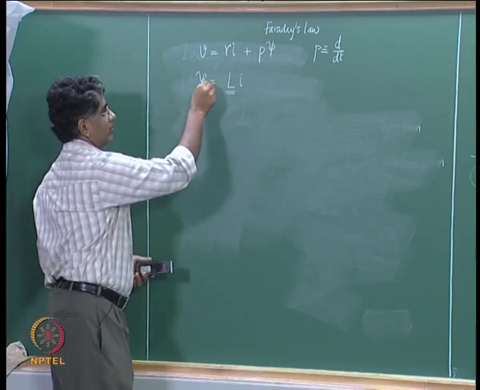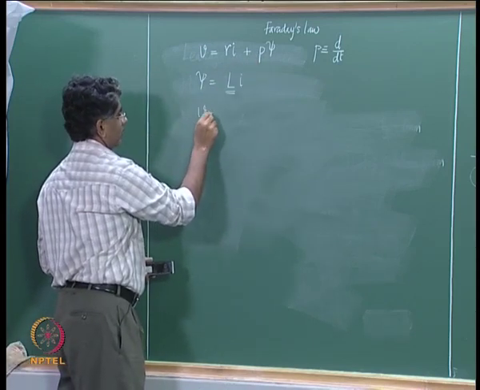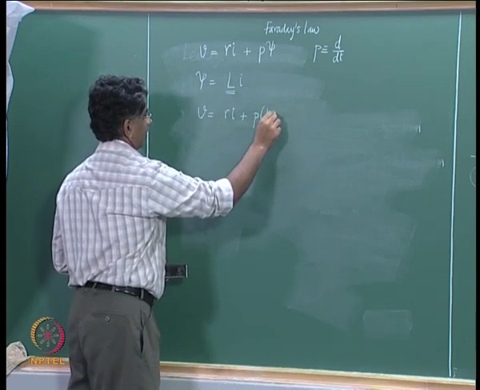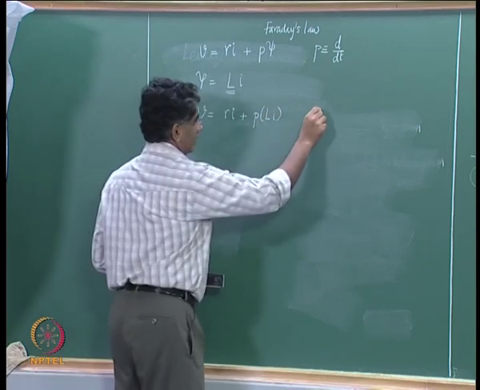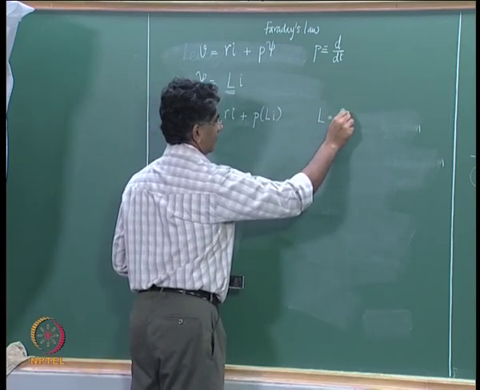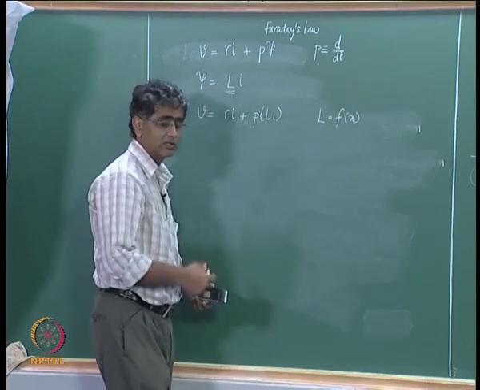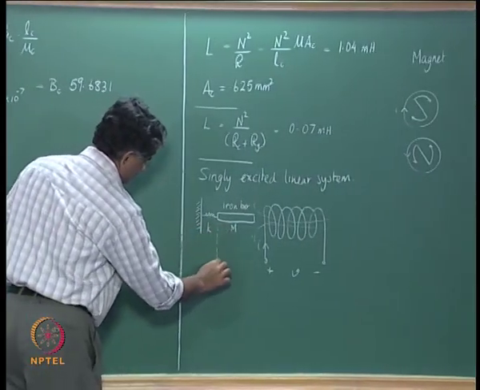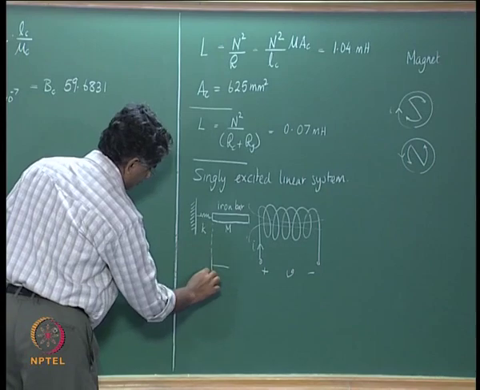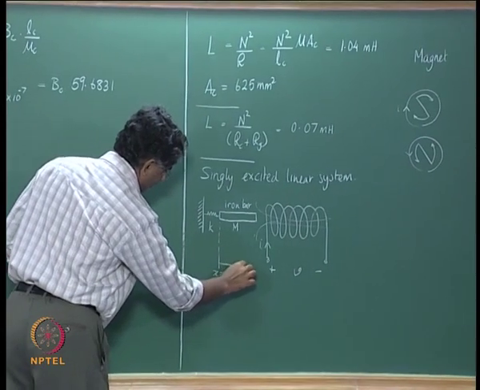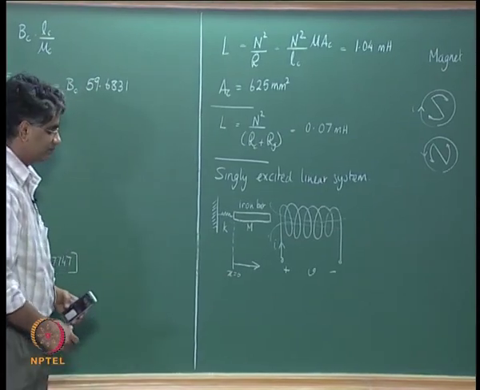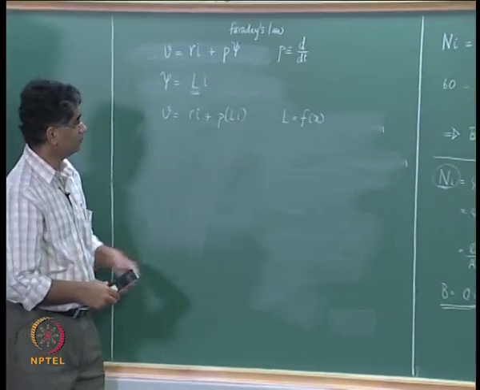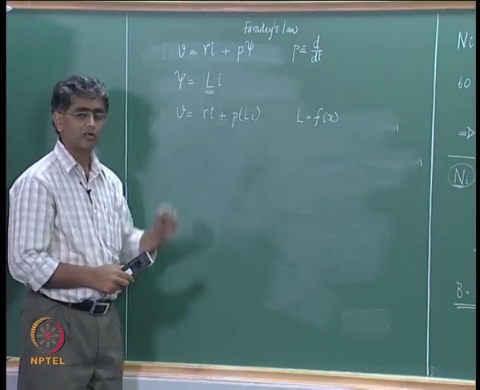So if you substitute this expression back there, you have V equals R into I plus P of Li. L is some function of x, where x denotes the location of the iron bar. Let us say that this position of the iron bar now corresponds to x equal to 0 and x increases along this direction. The iron bar is expected to move. P is the operator d by dt.